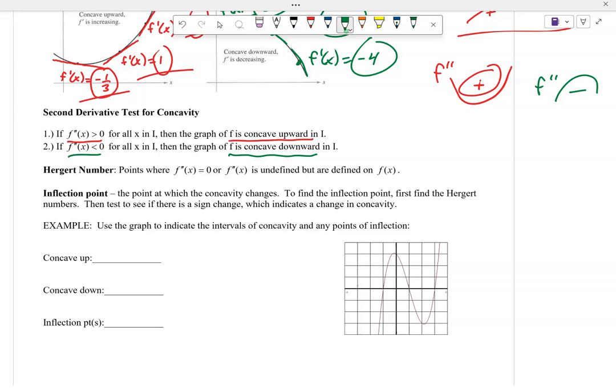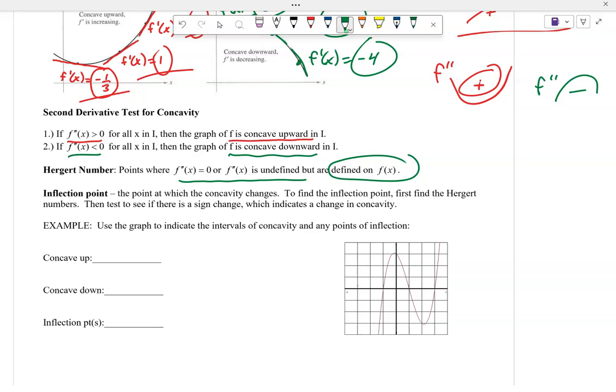And then we're going to find these Hergert numbers, and these are points where the derivative is 0 or undefined, but the function has got to be defined. That's a Hergert number, and we're going to test around those for our second derivative test, okay? And then an inflection point is just where the concavity changes around a Hergert number, okay?